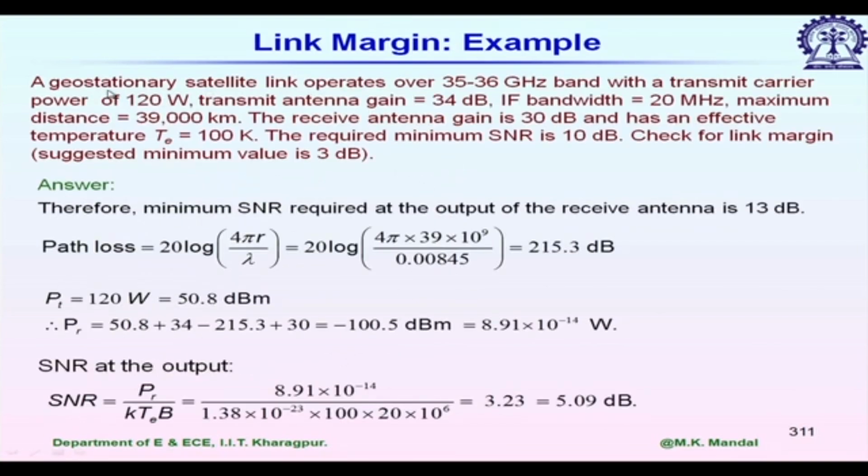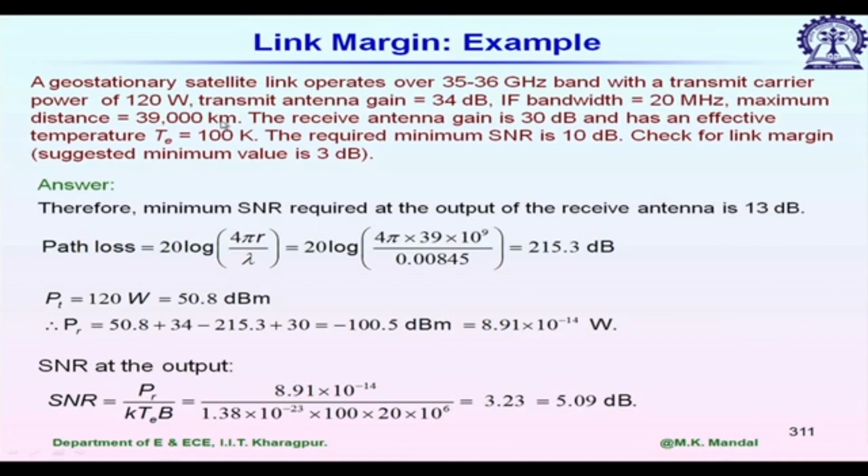So, let us say we have a geostationary satellite link that operates over the 35 to 36 gigahertz band with a transmit carrier power of 120 watt, transmit antenna gain given as 34 dB, IF bandwidth 20 megahertz, maximum distance 39,000 kilometer.